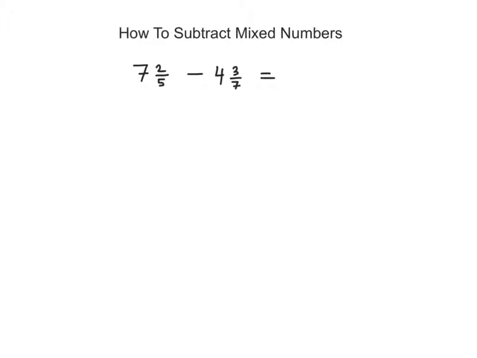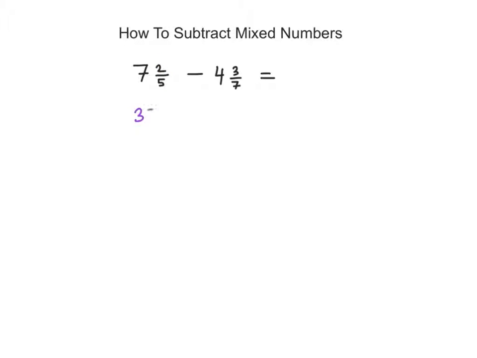The easiest way to subtract mixed numbers is to convert each of the mixed numbers into improper fractions. Now if I convert 7 and 2/5 into an improper fraction, then how do I do this? Well, I do 7 times 5 is 35, plus 2 is 37, so that is the numerator.